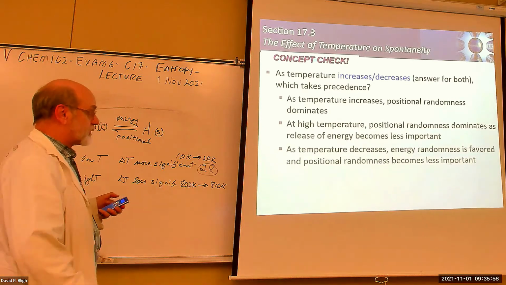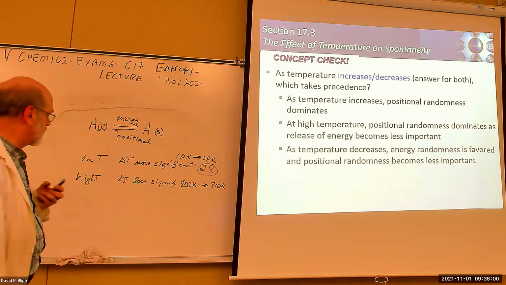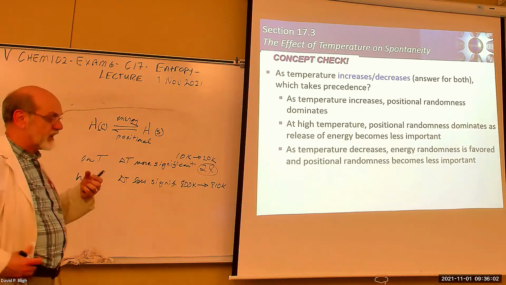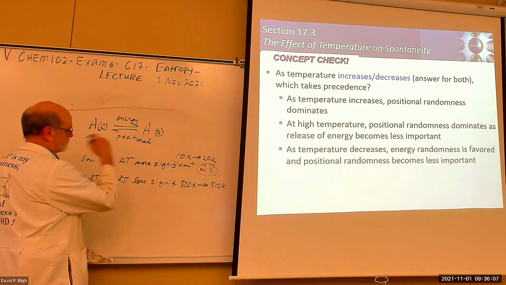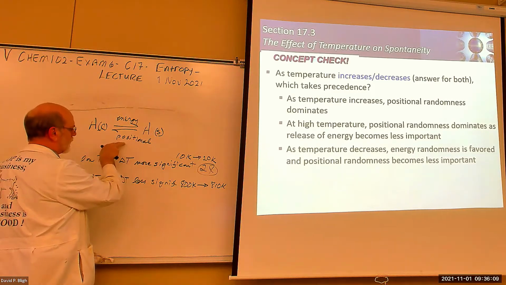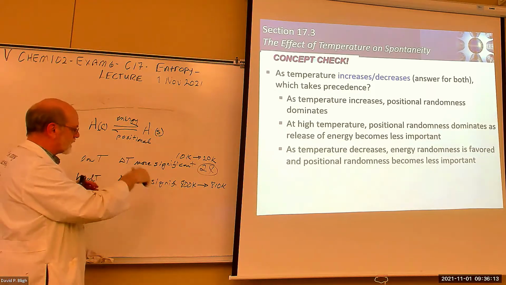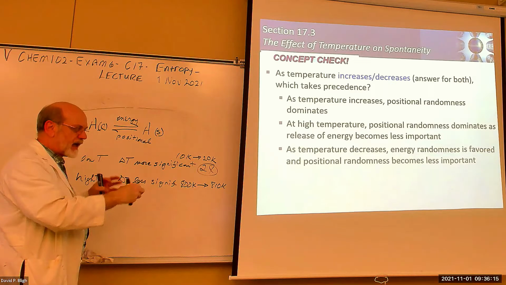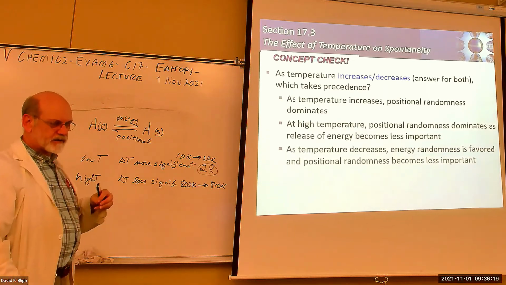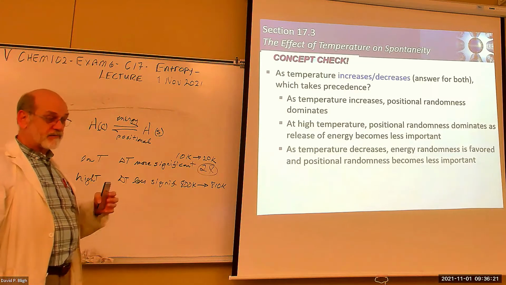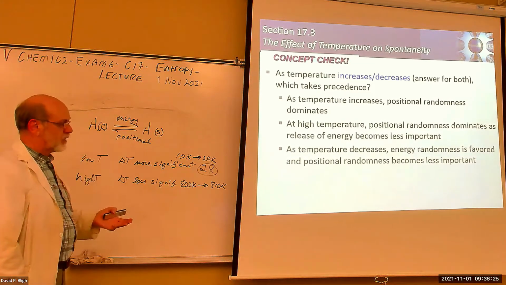Okay, so as the temperature decreases, energy randomness is favored and positional randomness becomes less important. Positional randomness becomes less important because we're moving toward a solid, like from a gas to a liquid to a solid, and the molecules are more restricted. So the availability of microstates becomes almost non-existent.